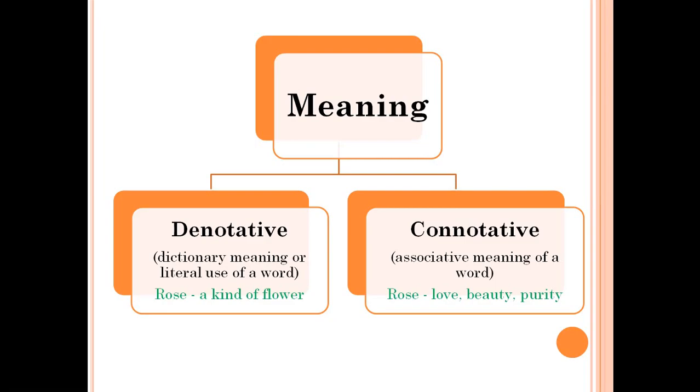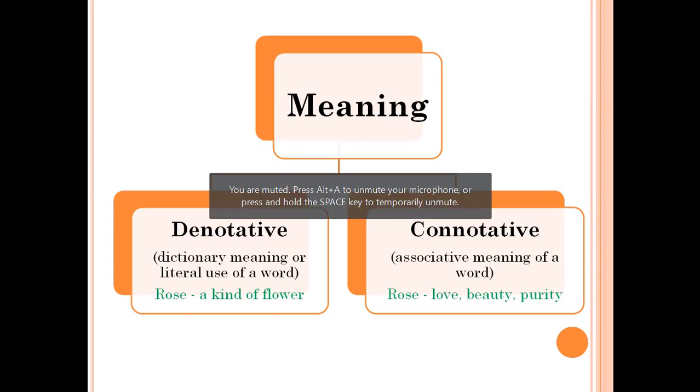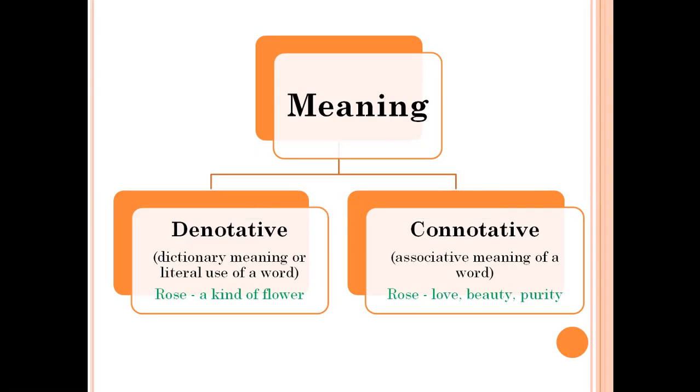Like, if we look at the meaning of this word, rose, you may get the meaning such as, rose is a kind of flower with sweet fragrance. So this is the dictionary meaning of this word.